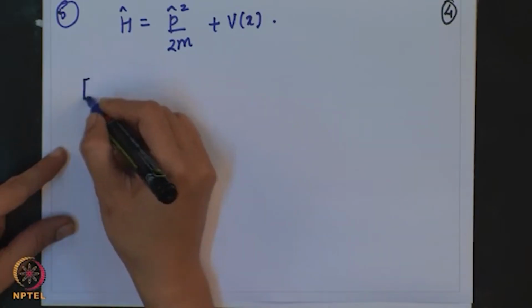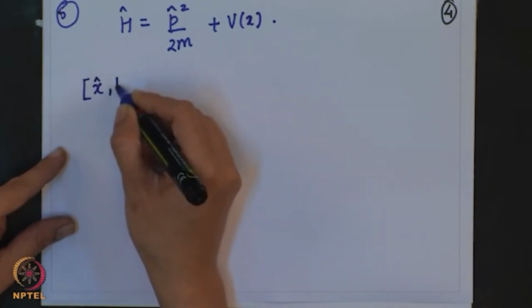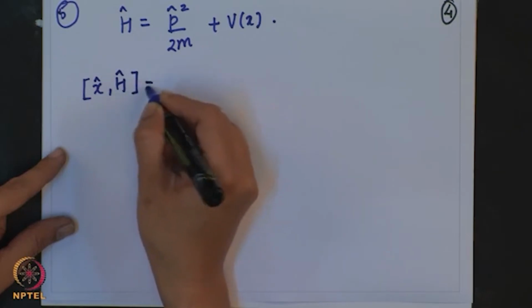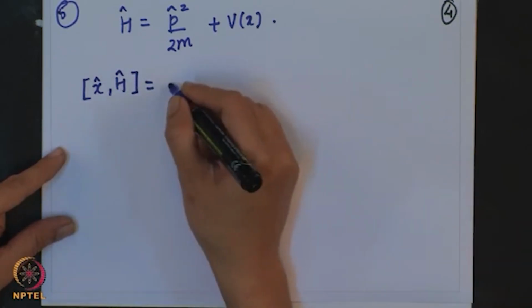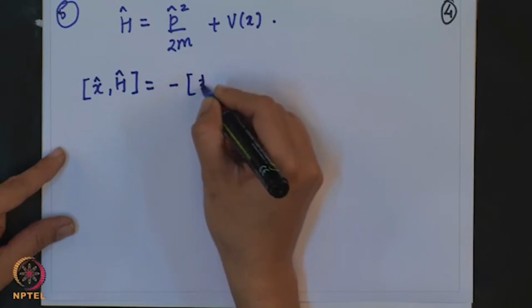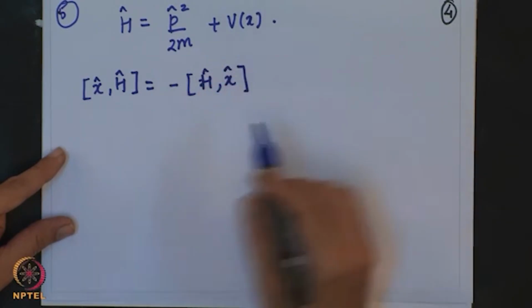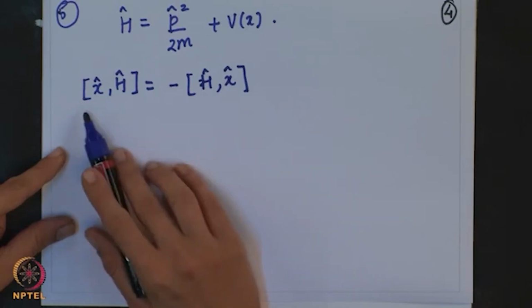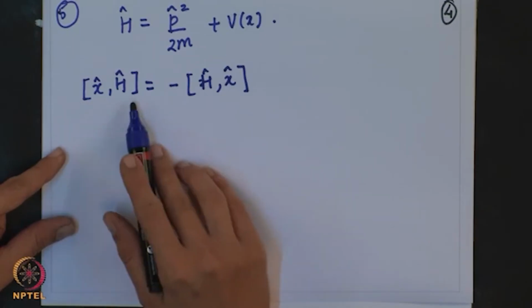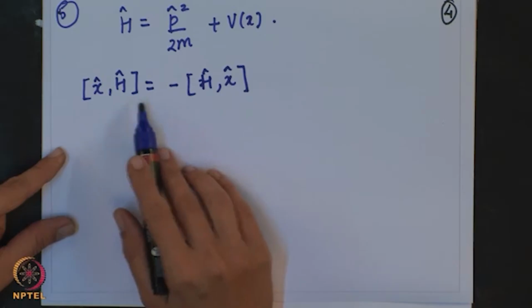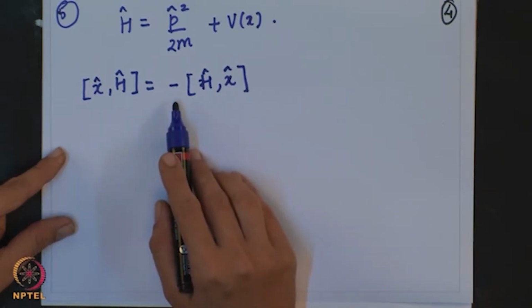We have already calculated the commutator of x and H. The commutator of H and x will be nothing but the negative of that. If I interchange the commutator operators, then the sign would change.